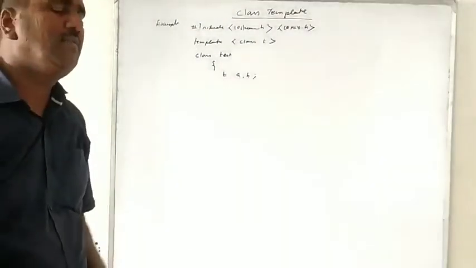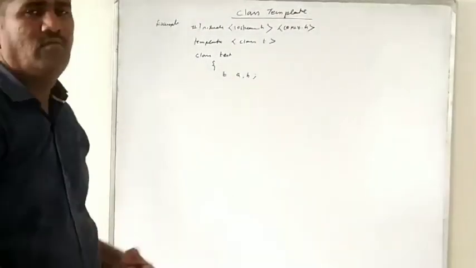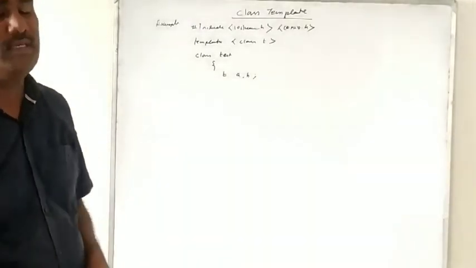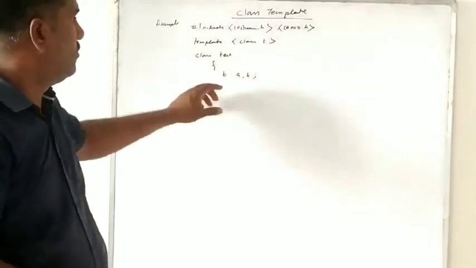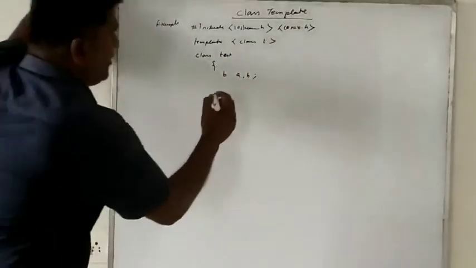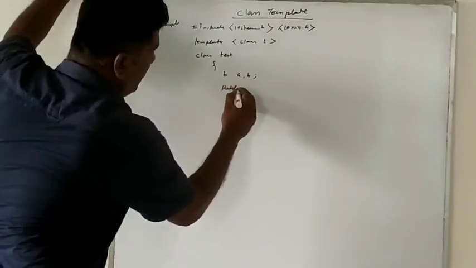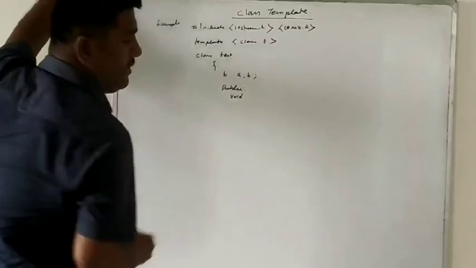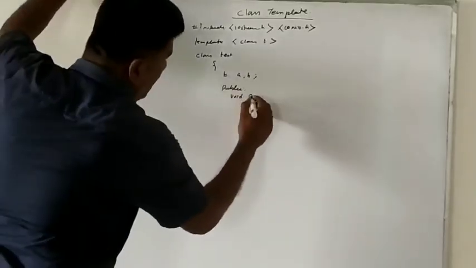Suppose we are creating a float, then a and b are floats. We don't know what kind of data type is declared in the main function, so we put the common name T of I. Another is the public section. In the public section, we create the member functions. So void getdata.